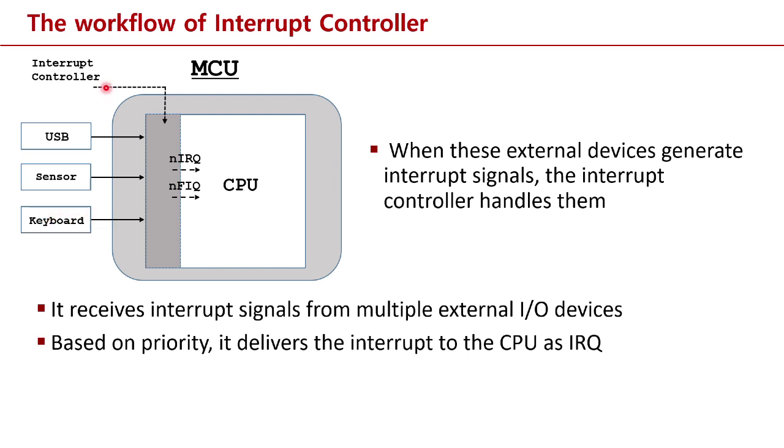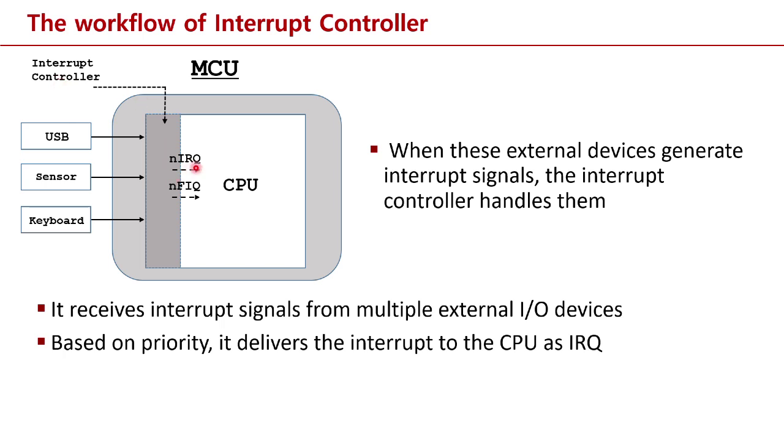So the main job of the interrupt controller is to identify the interrupt signal from those peripheral devices, and then route this interrupt information to the processor. That is the main job of the interrupt controller.